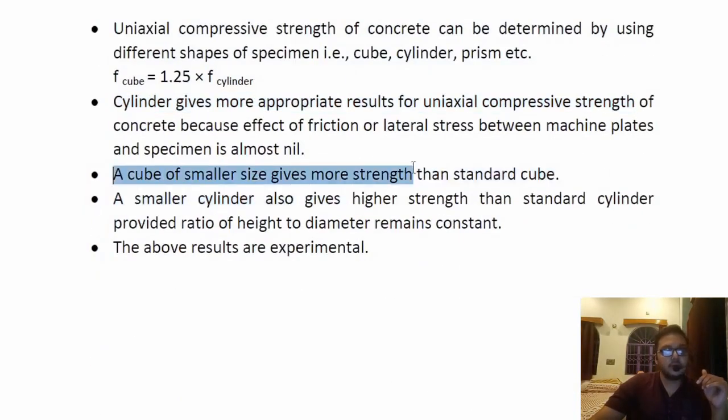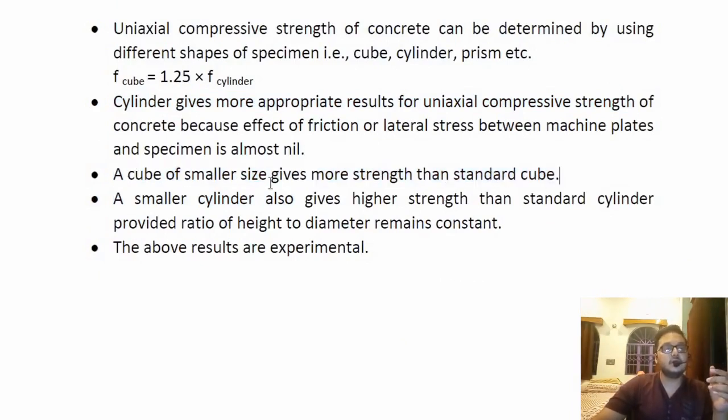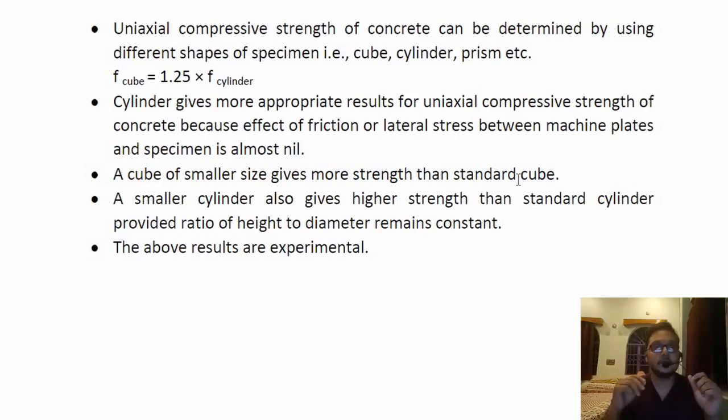A cube of smaller size gives more strength than the standard cube. It is experimental data that a cube of smaller size gives more strength than the standard cube. The standard cube which we use is 150 cross 150 cross 150 mm. This dimension of cube is known as the standard cube and is mostly used in all of the concrete testing labs for conducting tests related to concrete.